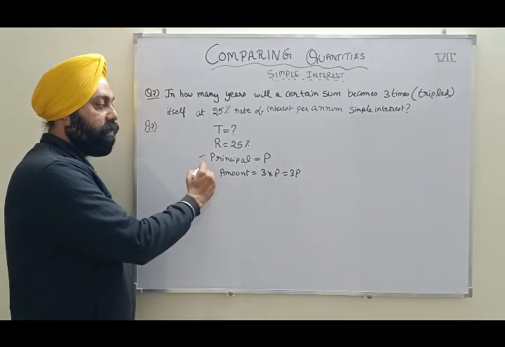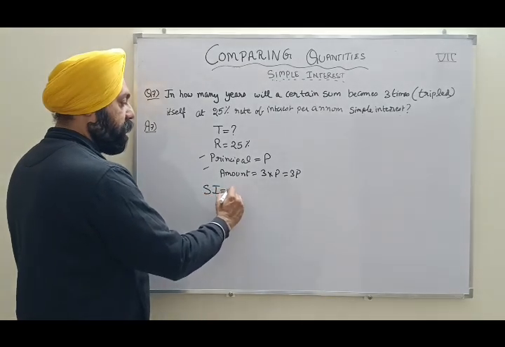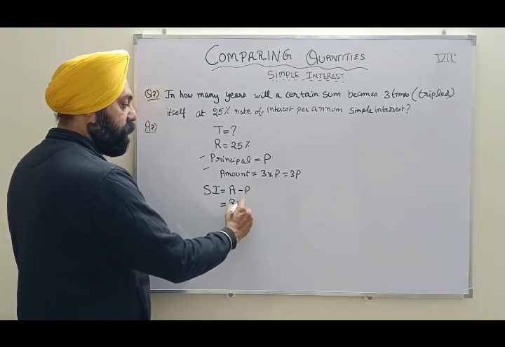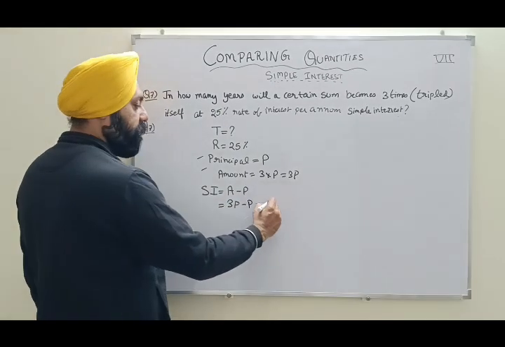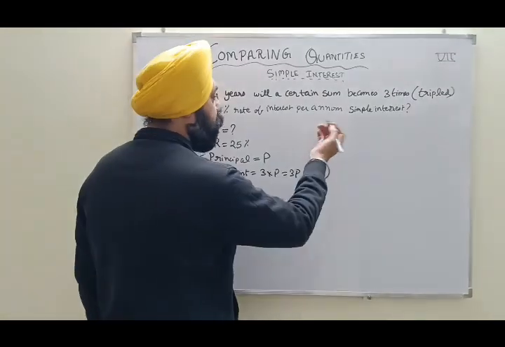Now we know the principal and the amount, so we can use the formula of simple interest, that is amount minus principal. Amount is 3P and principal is P, so 3P minus P gives 2P. Now half of the work has been done.